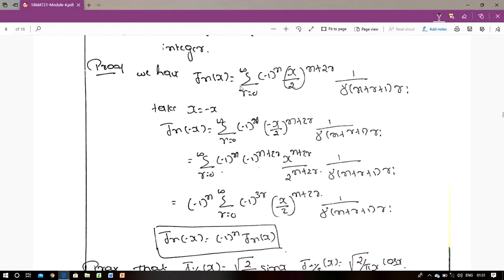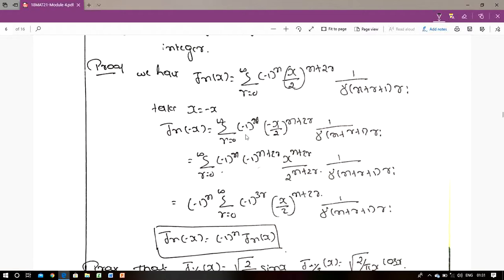So in this equation we have to take x equal to minus x, meaning replace x by minus x. Then Jn of minus x is equal to summation r equal to 0 to infinity of (minus 1) to the power of r (minus x by 2) whole to the power of n plus 2r into 1 by gamma of n plus r plus 1 into r factorial.